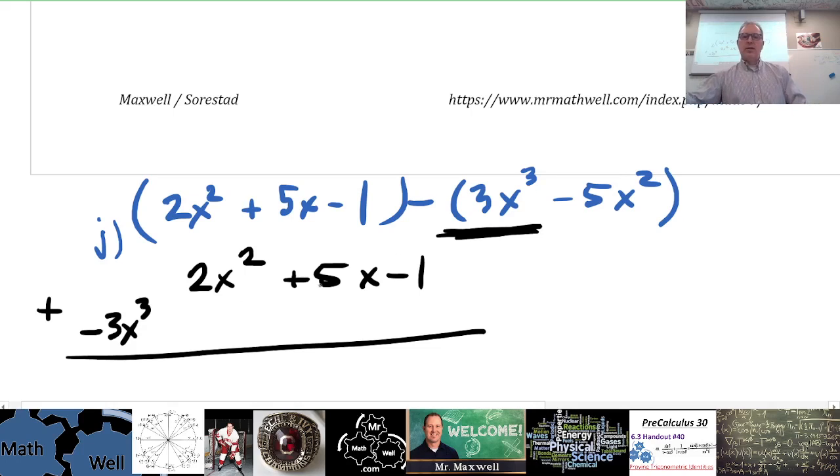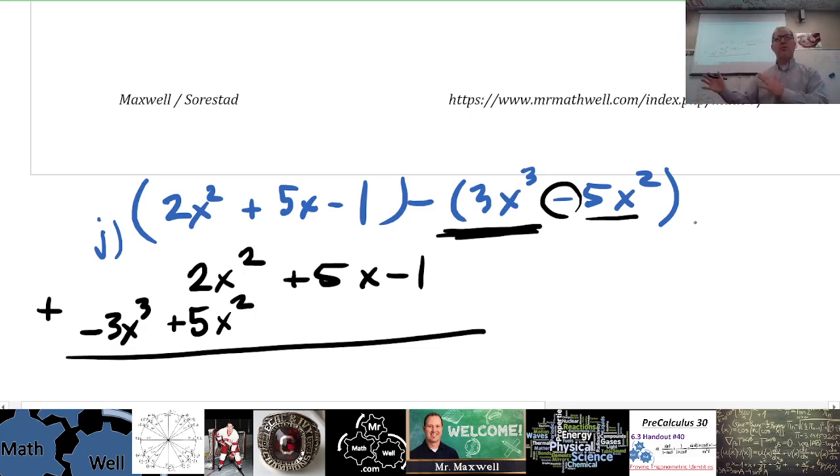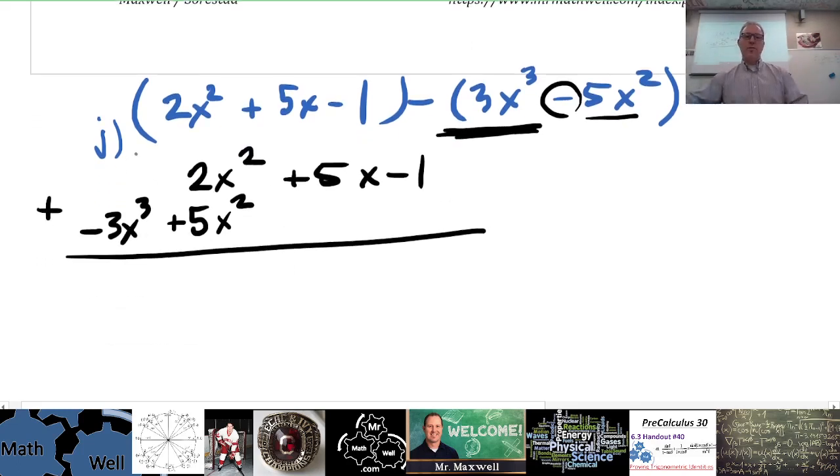All right, so I'm going to change the sign here and put the 5x squared underneath this 5x squared. And I don't have an x term over here, and I don't have a constant term over here. So I guess that's the way vertically you would probably leave that. Okay? And then you just add up vertically like you have. And if you don't have anything to add here, well, it's just like adding 0, I guess.